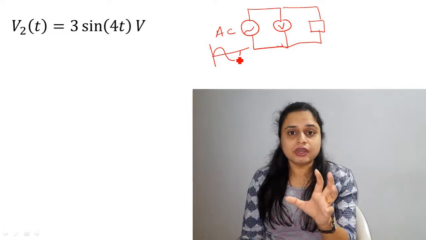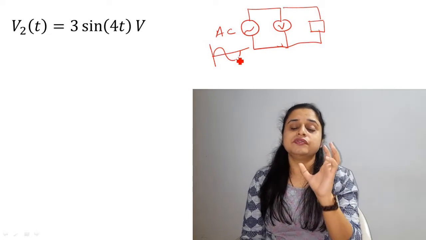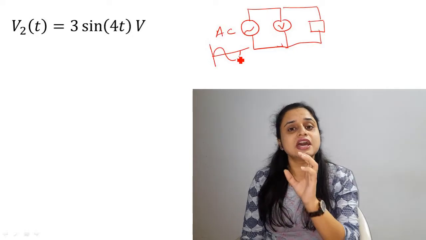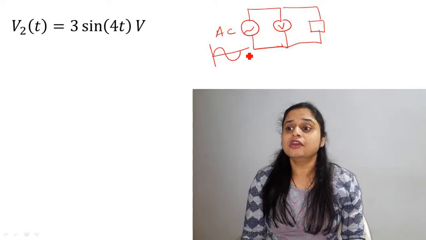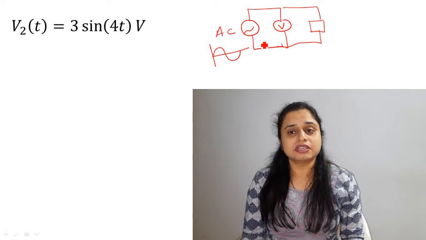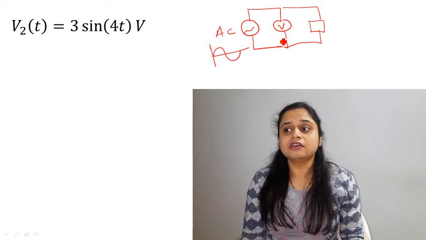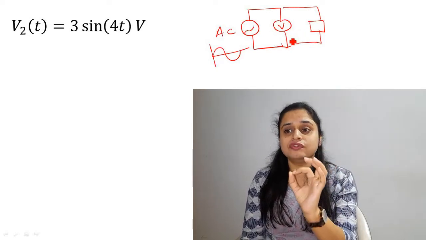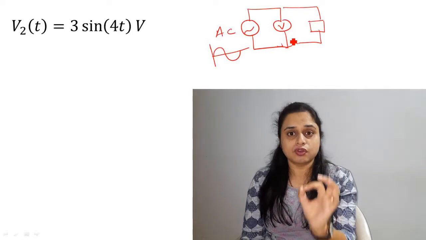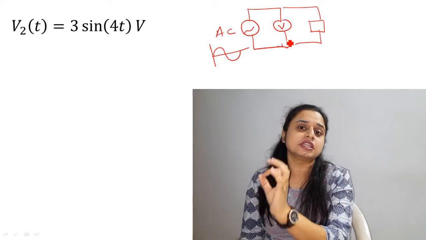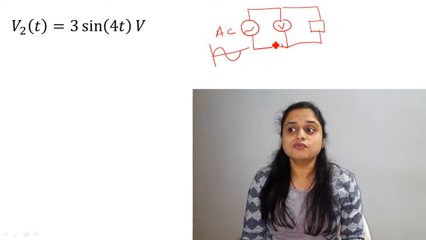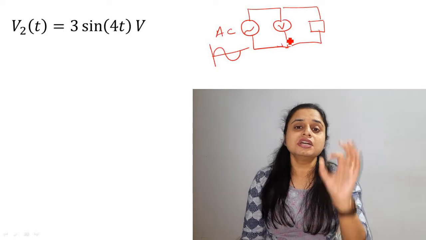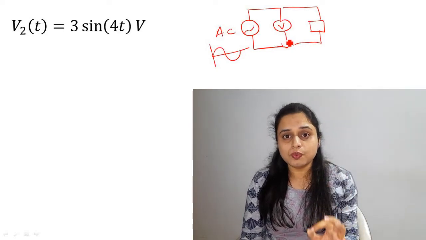So for AC quantities, for the AC voltage, when we take the average of positive and negative half cycles, the average value will be 0. When we give the AC supply, this meter will read the 0 value, because the average of this AC voltage is 0. So this voltmeter will not show any reading, and that reading is 0 volts.